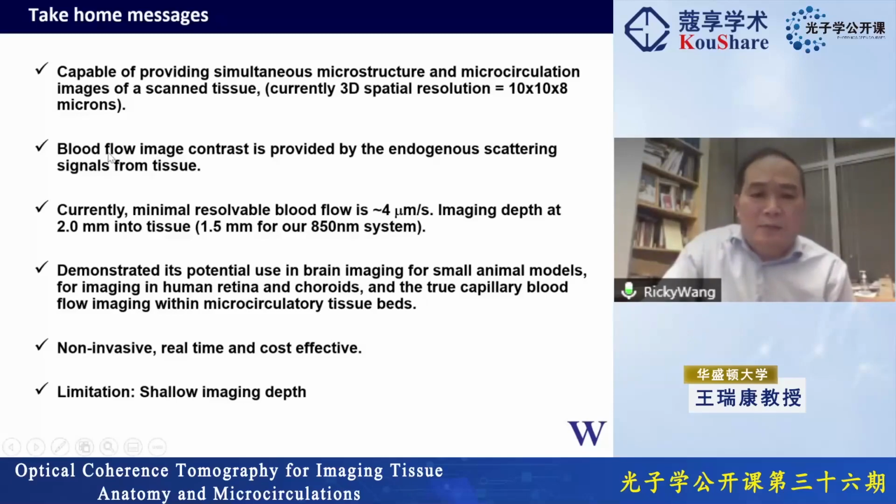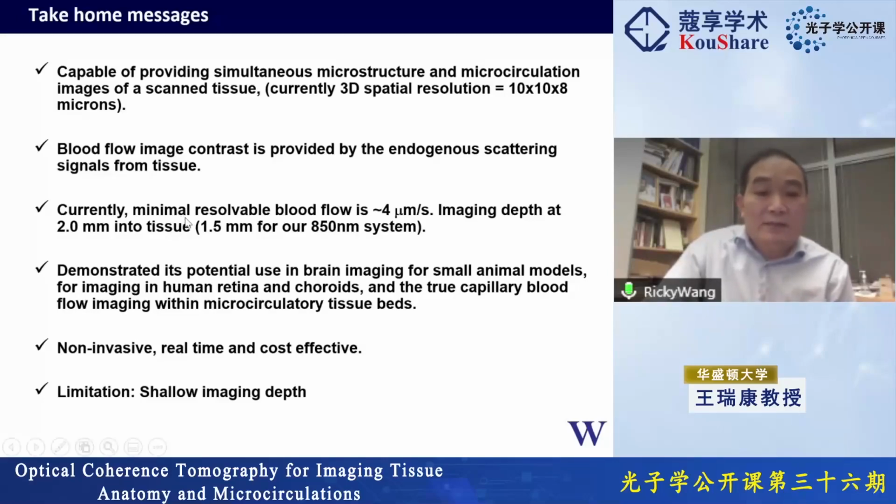And the important part for OCT to contrast the blood flow is that it uses intrinsic scattering signals from the tissue. Therefore, it is a totally non-invasive, label-free imaging technique.